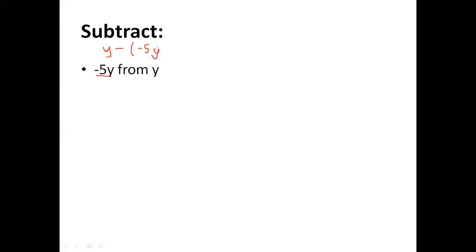This is the correct way. Some of you may do it this way: minus 5y minus y. After doing this, what will I get? Nothing is there means I know there is a coefficient 1. So minus 5 and minus 1, I will get minus 6y.